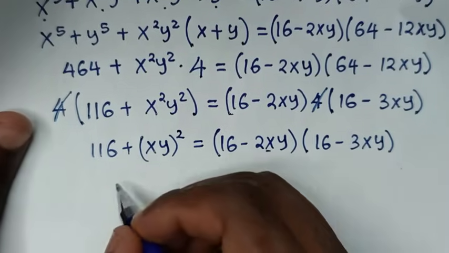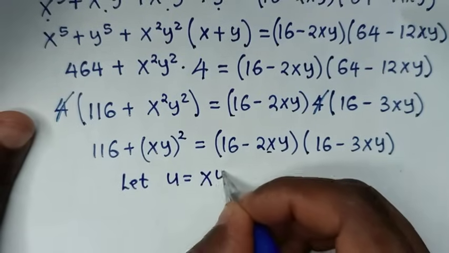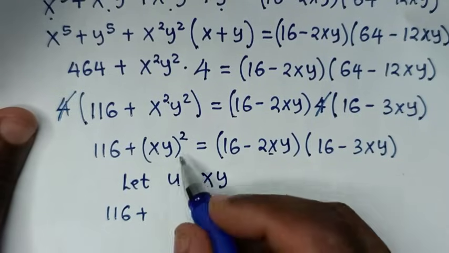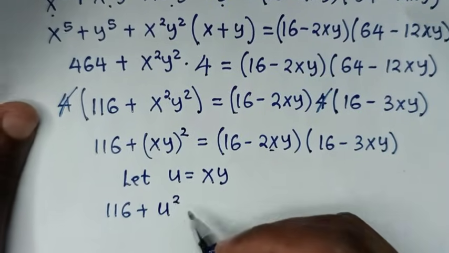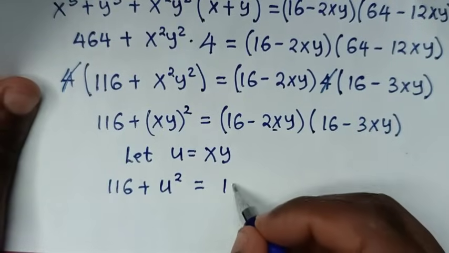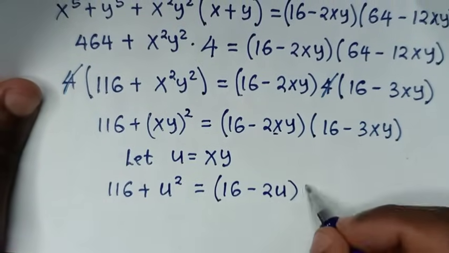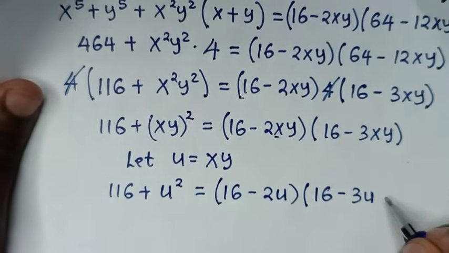Then in the next step, from here we can see xy is common, so we will let u be equal to xy. So 16 plus xy squared is u squared, is equal to (16 minus 2u) times (16 minus 3u).